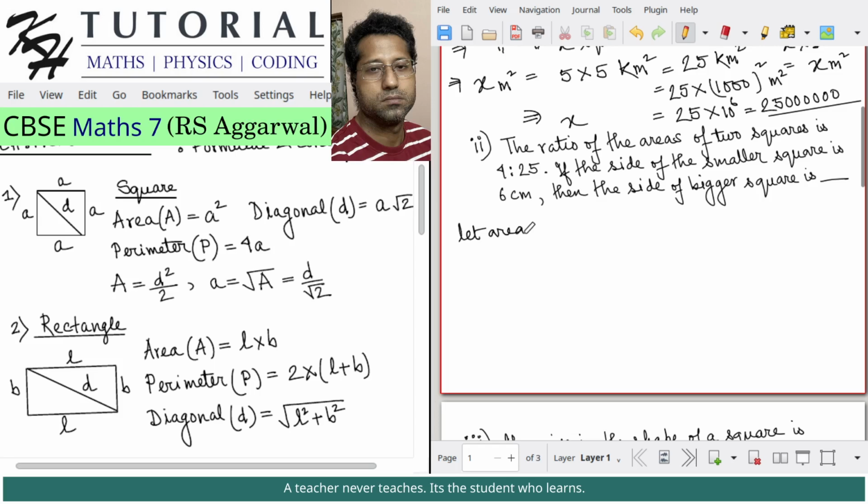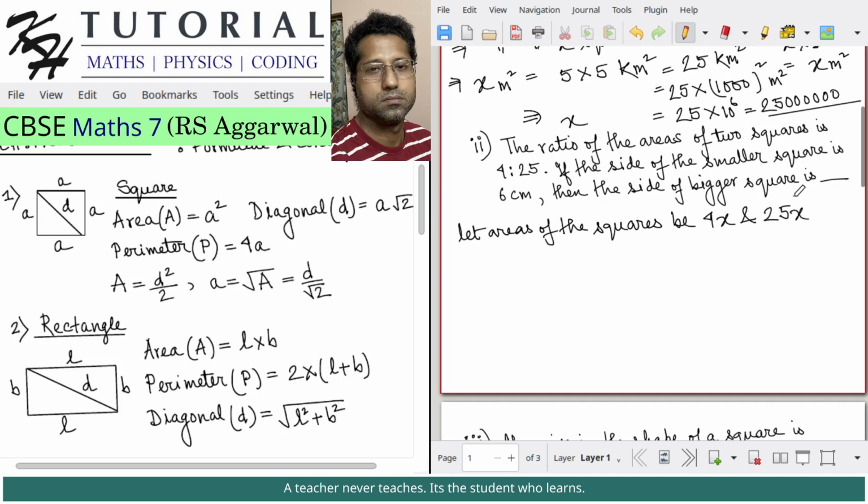Applying the concept of ratio and proportion, if the ratio of the areas of two squares is 4:25, so let areas of the squares be 4x and 25x.